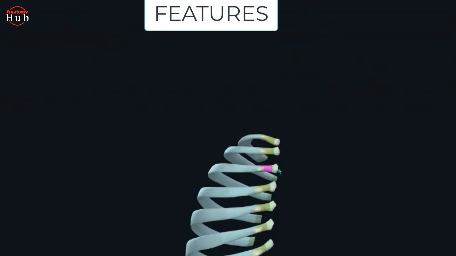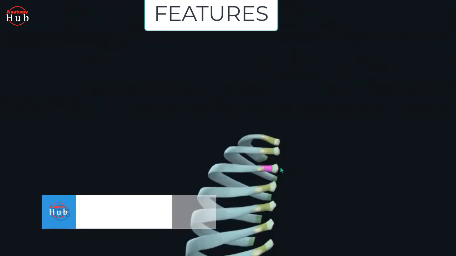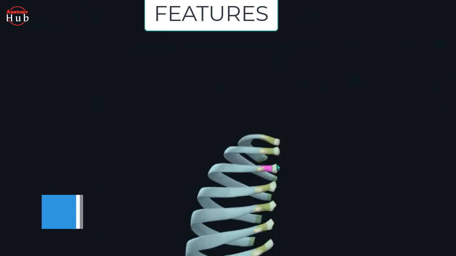Here the head will articulate with the vertebra, and here the tubercle will articulate with the transverse process of the vertebra. So the head makes the costovertebral joint, between the head of the rib and the superior.